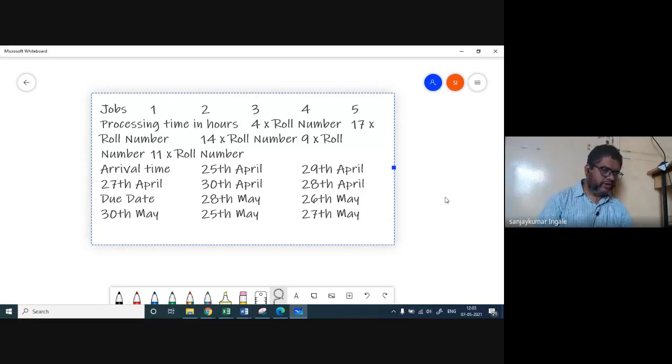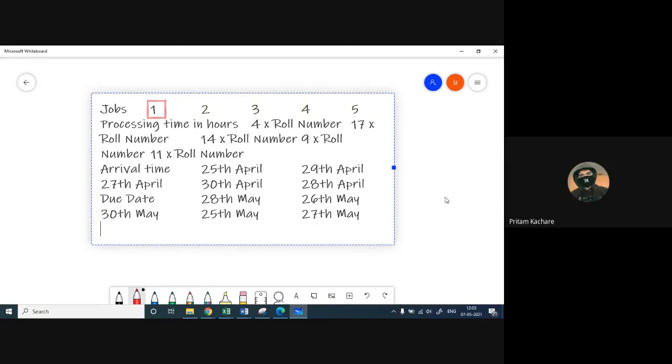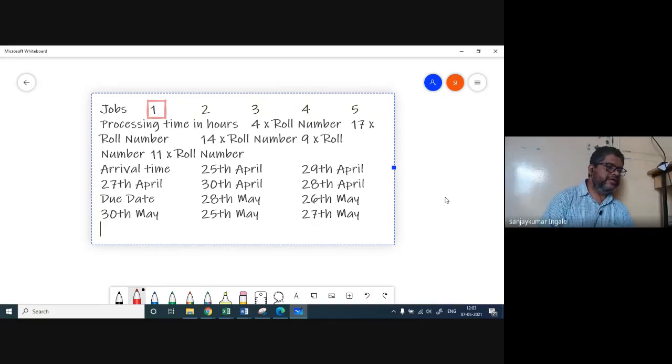So job number 1. Processing time for job number 1 was 4 into roll number. Assume the roll number is 10.